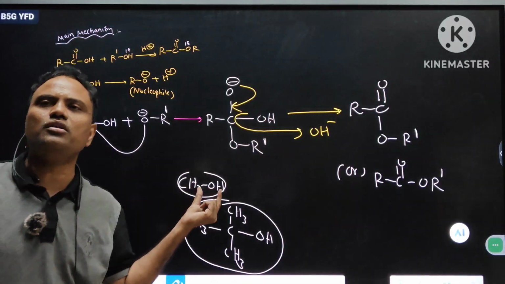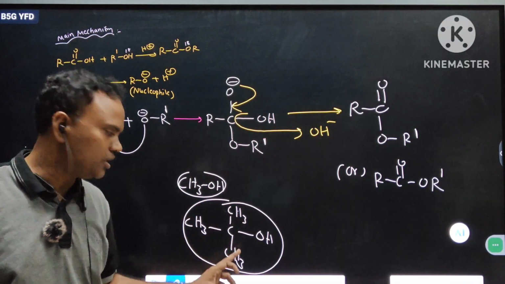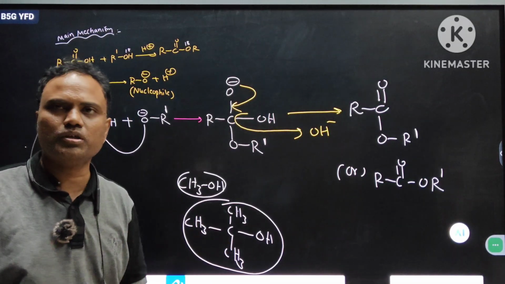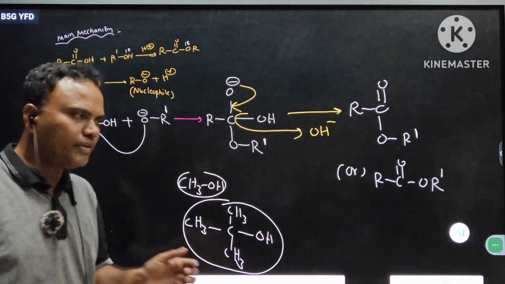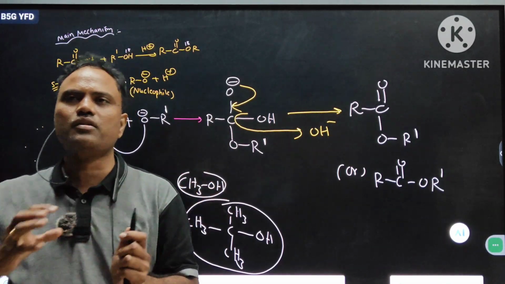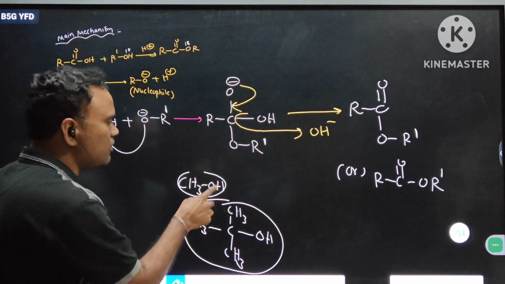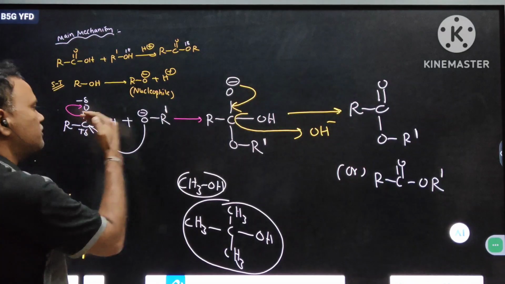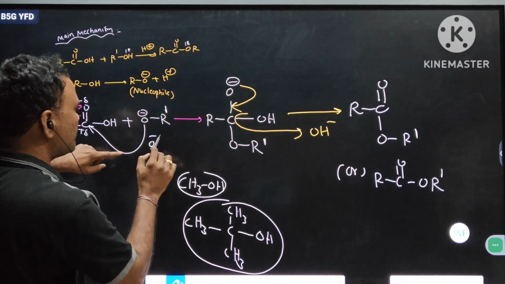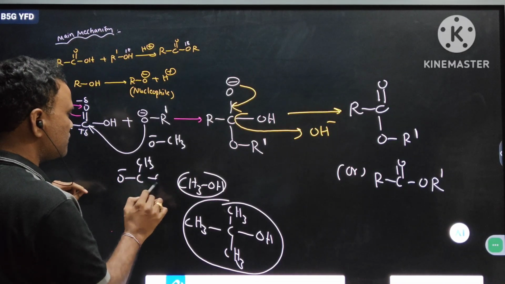If I take a smaller alcohol with less crowding, here more crowding is there. Methyl, more crowding, bulky. Okay, less crowding. If you take a simple alcohol, a thin person can move quickly, run fast. Clear? So this is a smaller group. So if I take this alcohol, this part will move fast. Like this, O negative CH3, O negative CH3.